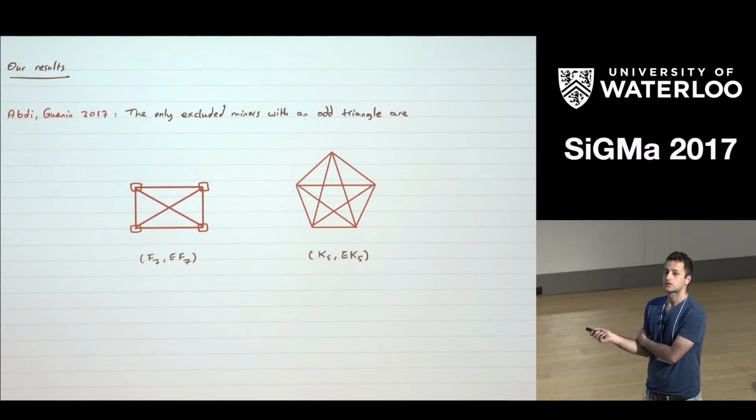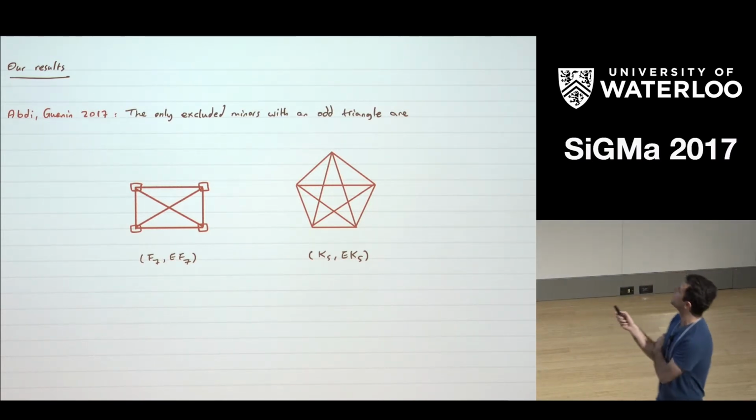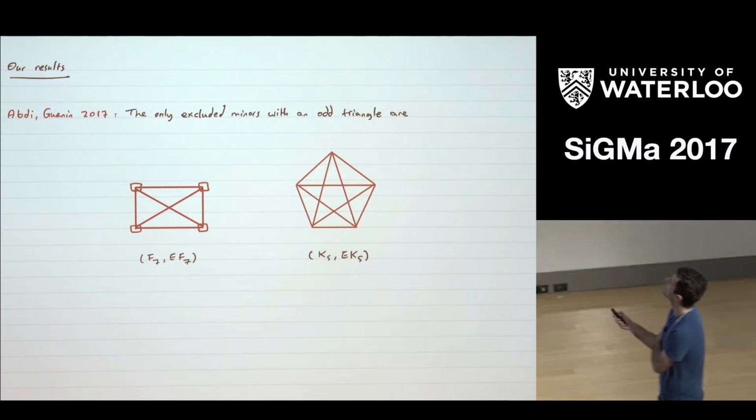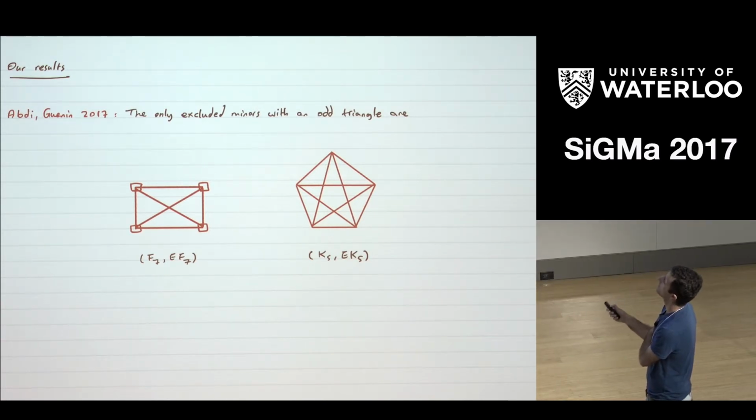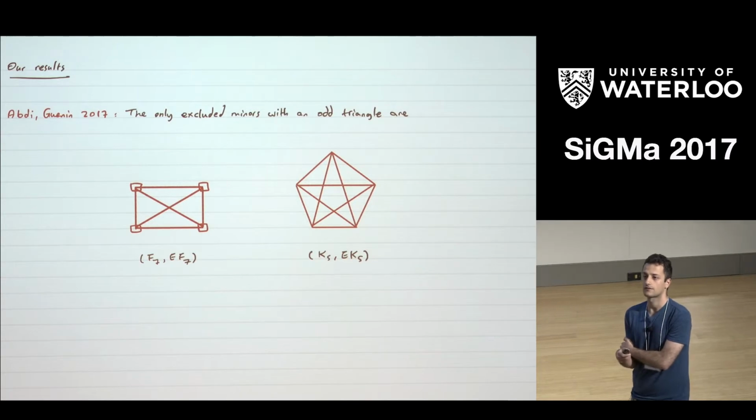If you look at the third excluded minor, it has no triangle, or circuit on three elements. And so what we show is that the only excluded minors with an odd triangle are essentially these two. And this, together with Lehman's theorem, gives you the first result.